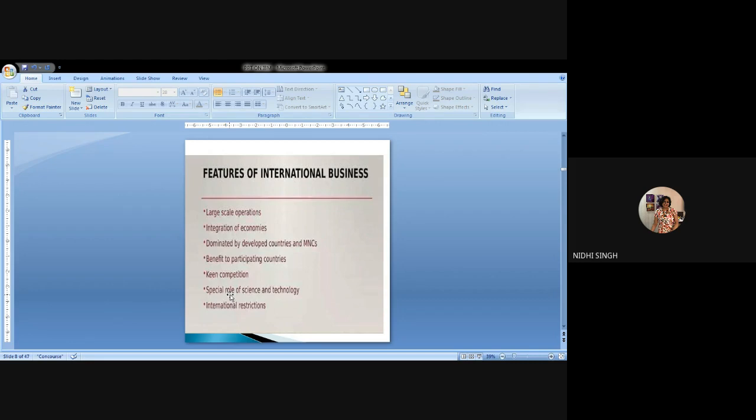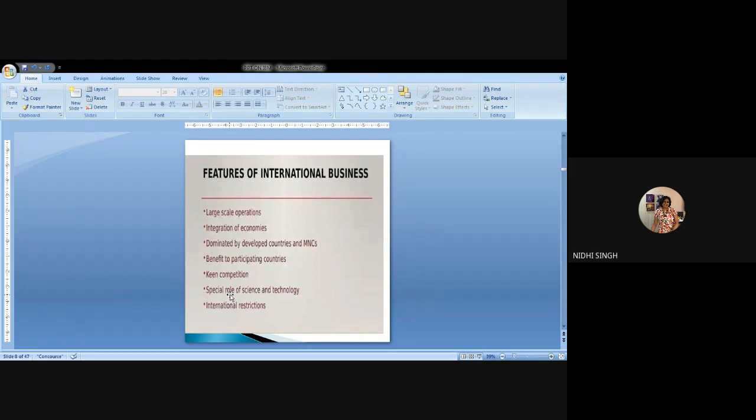There are multiple players working in international business, and similarly in developed countries they have equipment with the help of which they develop skill products, or we could say techno skill products, new technology-induced products. So international business is always dominated by developed countries and MNCs. For example, take electronic goods. For electronic goods, China is the best place.